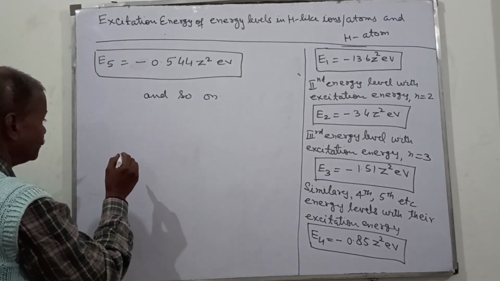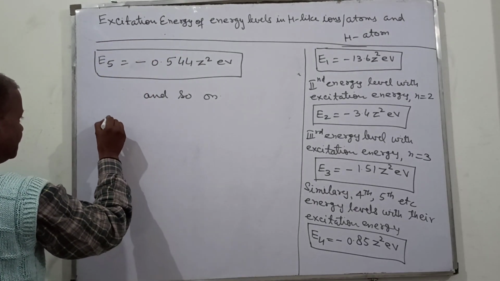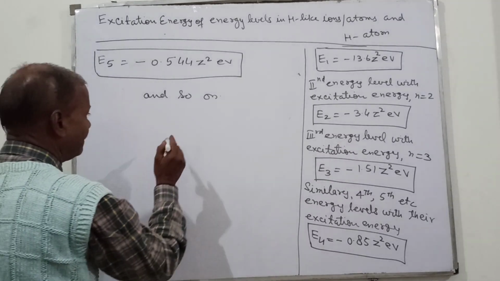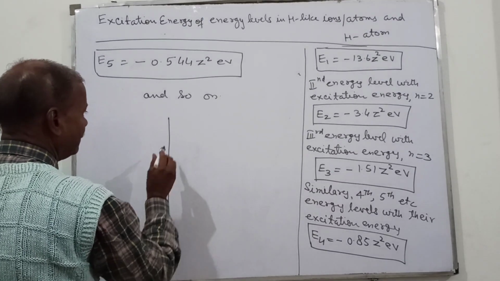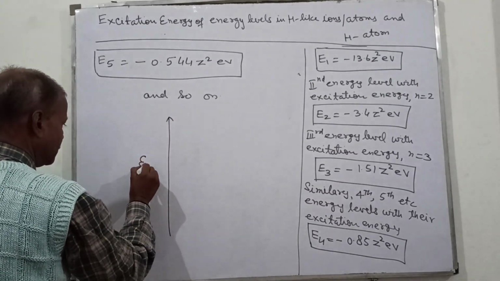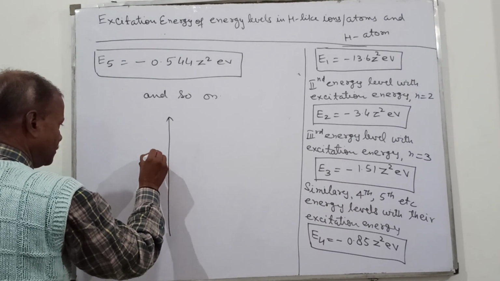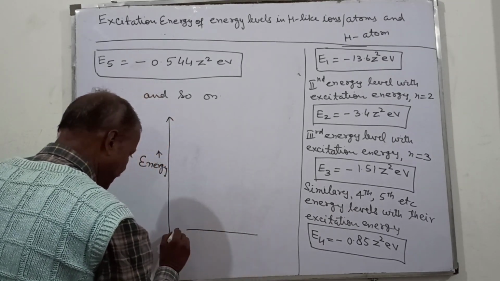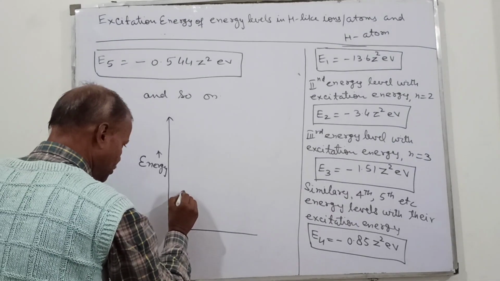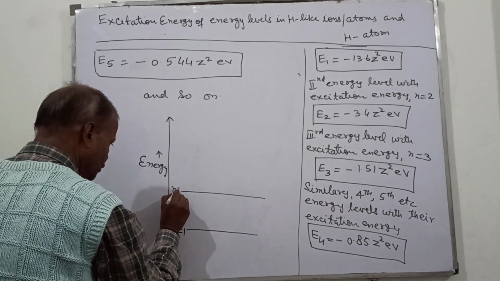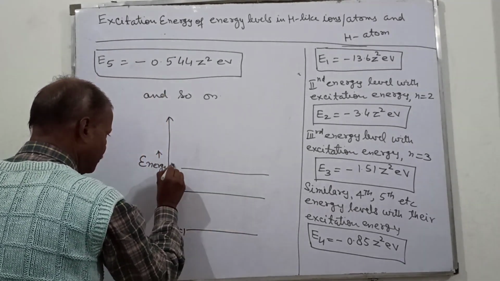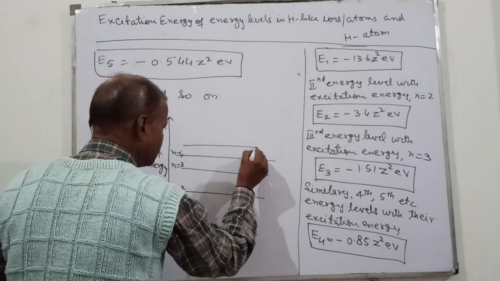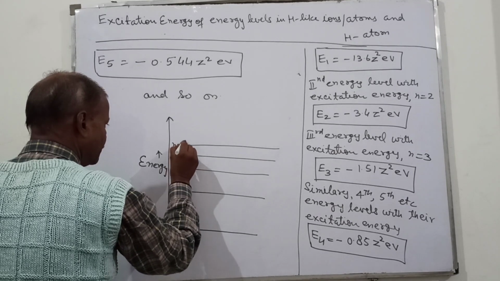Now we can show this here. This is the energy axis, and here n equal to 1, this is n equal to 2, n equal to 3, n equal to 4, n equal to 5, and so on.